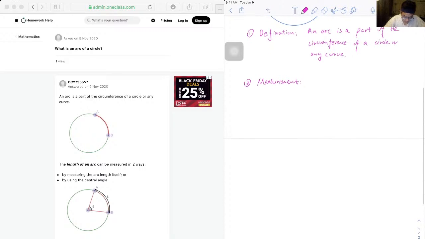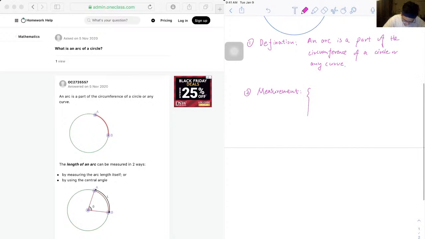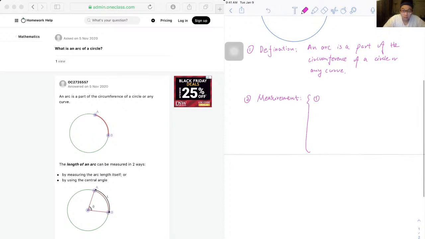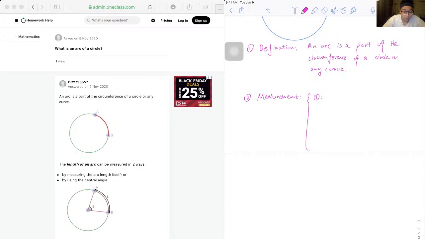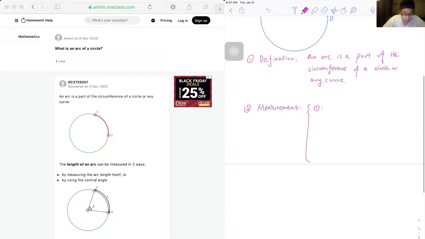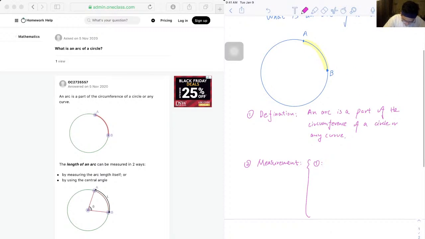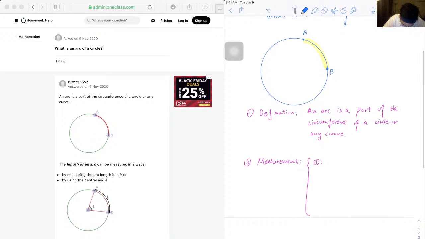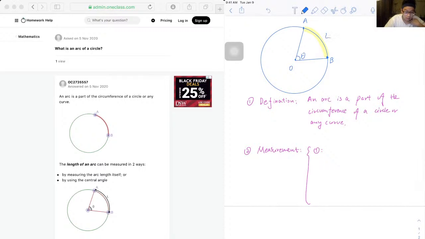Yep. And there are two ways. So the first, we can measure in the arc length itself. So let's use the same graph. Let's call the center as O. And let's connect with A and B. And that's theta, and that's L. Okay.